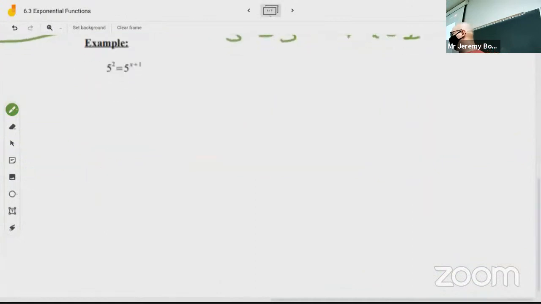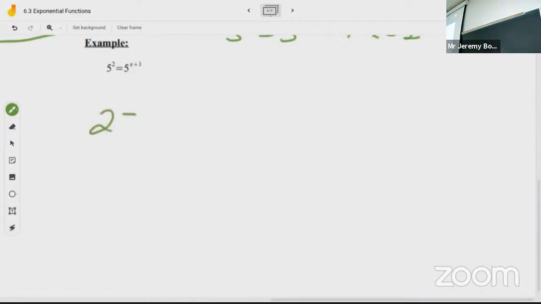So here I got 5 squared is equal to 5 to the x plus 1. What are we going to do there? Yep. Yes. So since it's already the same base, it's 5 and 5 on both sides, you can set their exponents equal to each other.